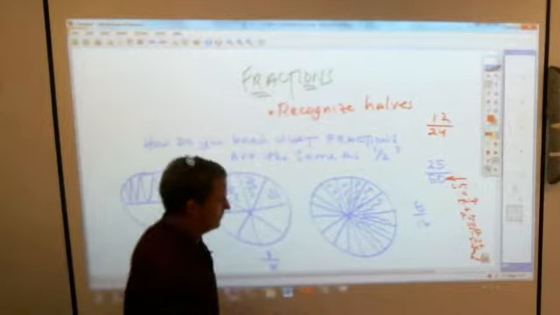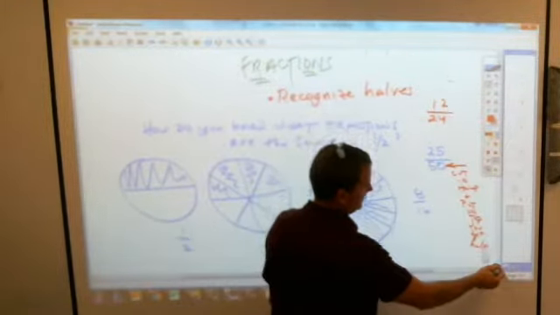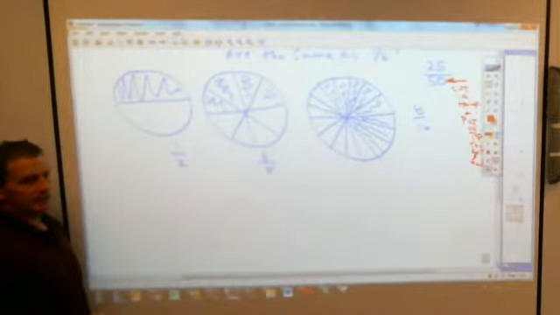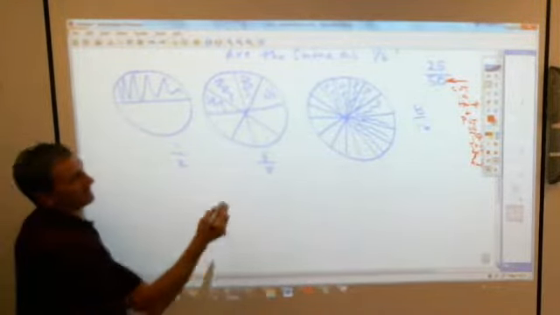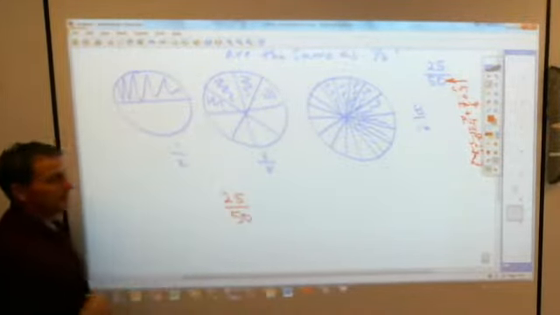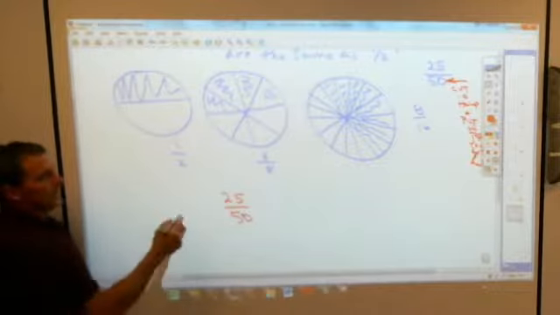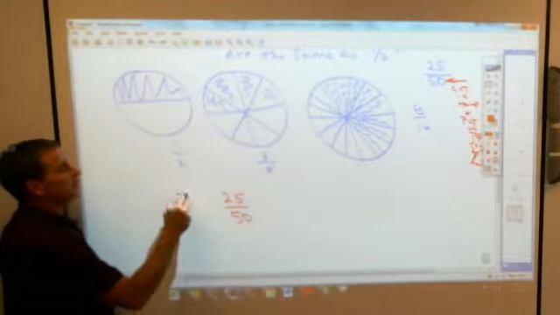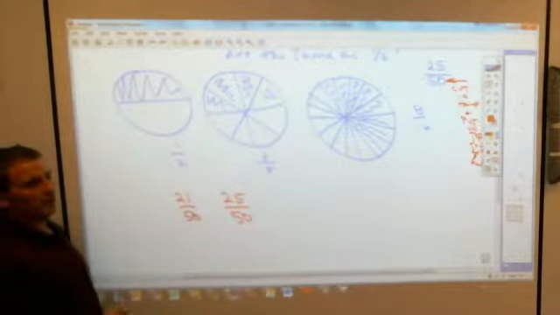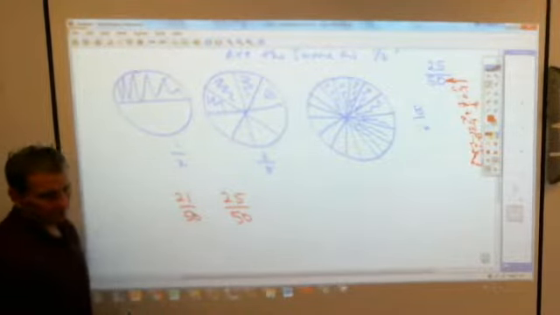Now, with that in mind, your math book would like you to be able to recognize, based on that, let's say I have that 25/50. If I said I have the fraction 21/50, is that going to be more than a half or less than a half?